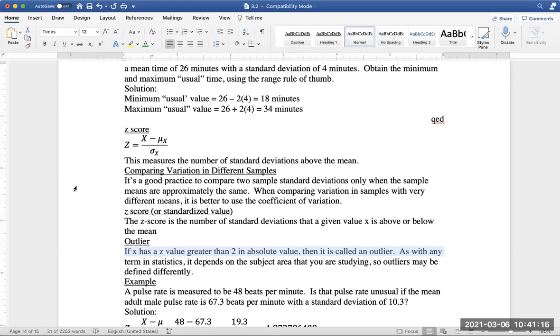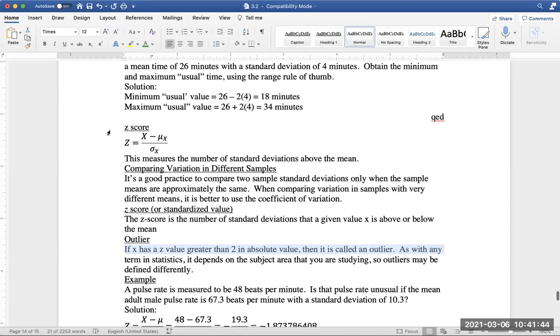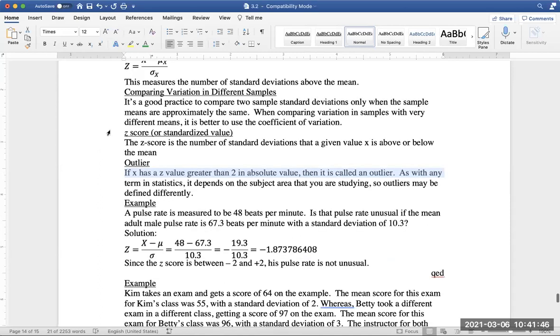So they have a different rule of thumb also. What they say is their usual values are within one standard deviation. So outliers are things that are above one standard deviation for sociologists.